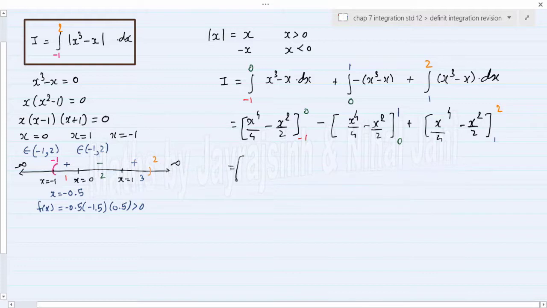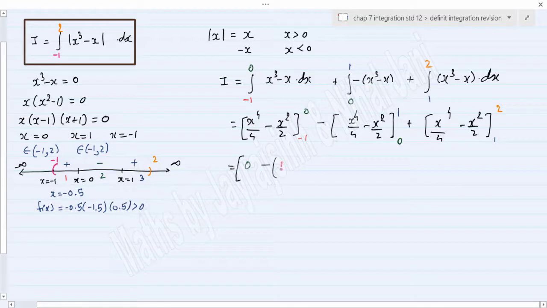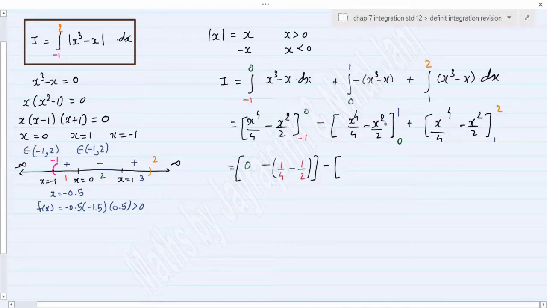Now let's place the limit. Upper limit is 0, so we will get 0, minus lower limit is minus 1, so we will get minus 1 raised to 4 will give us 1 by 4, minus minus 1 square will also give us 1 by 2, minus, now it's time for the second term.